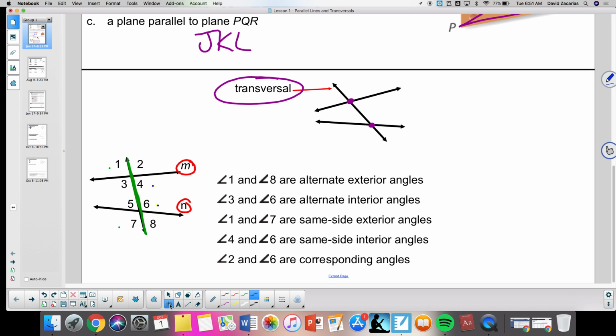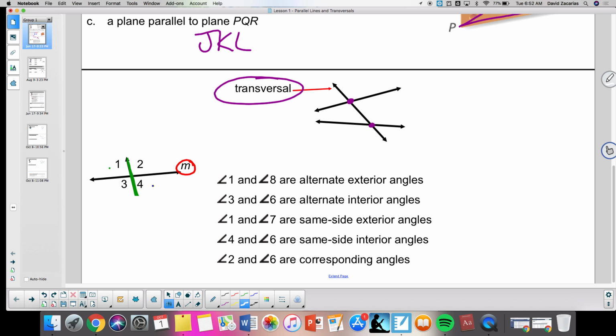So notice if you were to only look at angle 6, let's say line M wasn't there, angle 6 would be in the upper right, I guess you'd call it quadrant, of this diagram with line N. Well, if you did the same thing and you covered up line N, angle 2 would also be in the upper right.